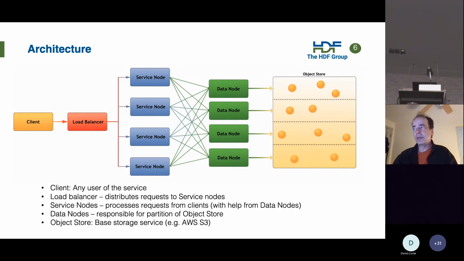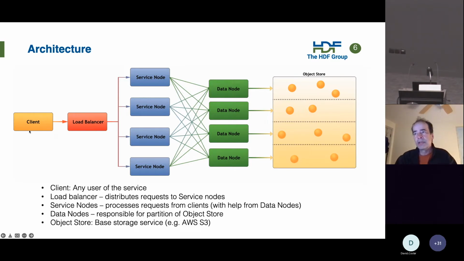So each object is read or written by exactly one data node. And what this means is that a data node becomes the authority of reference for a given object. So a data node can do things like cache the data, so that it's not read back from the storage each time. It can manage multiple updates to a given chunk, and so on.